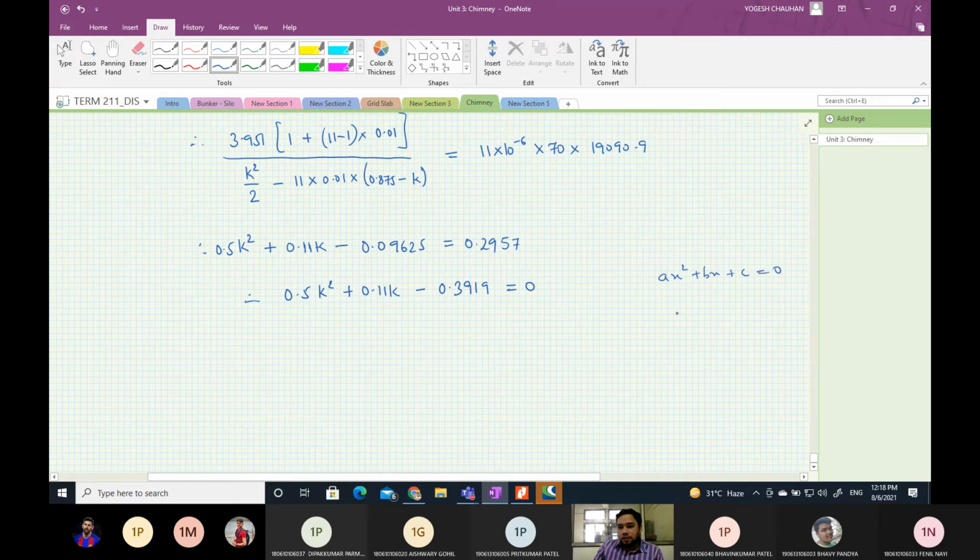Okay, so this is a quadratic form of ax square plus bx plus c equals to 0. So you can find the value of x by solving this quadratic equation. By solving this you will get the value of k as 0.782.